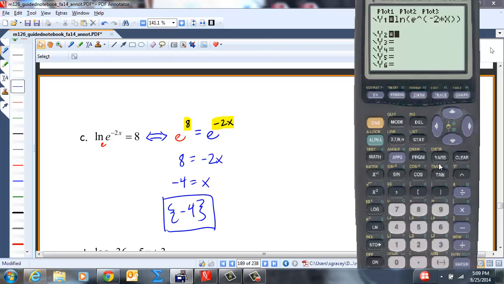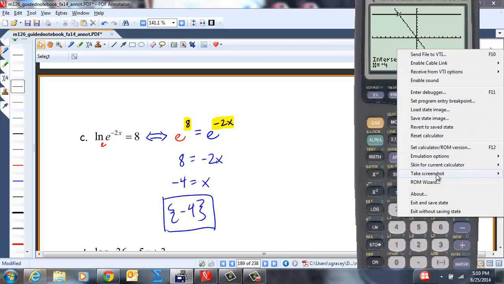And then the other side was 8. So if we graph, it's kind of trippy, right? Because it turns linear as we saw when we put it into the other format. So here, let's go to second calculate intersect. And we verified it. When x is negative 4, y is 8.